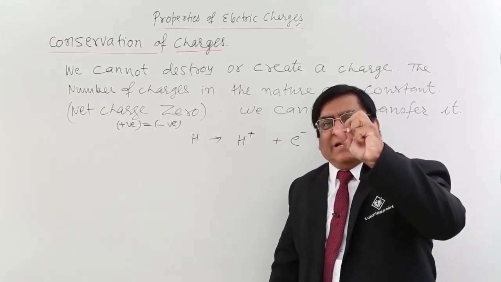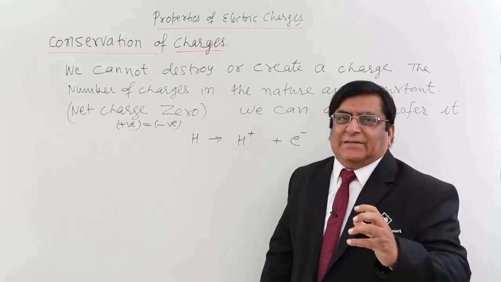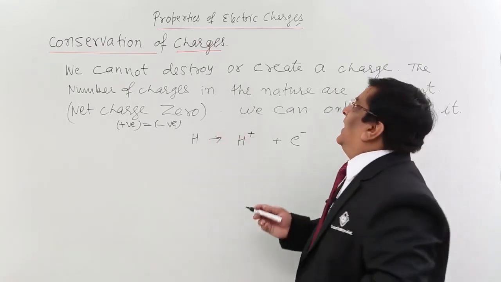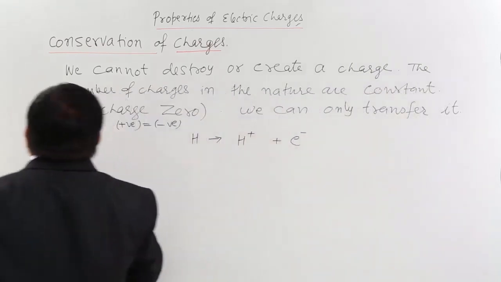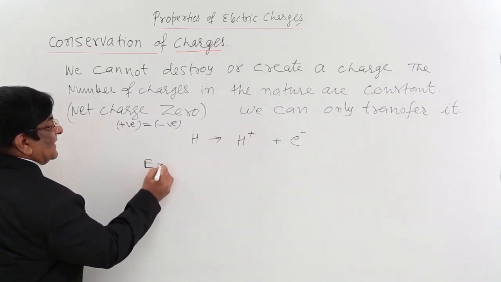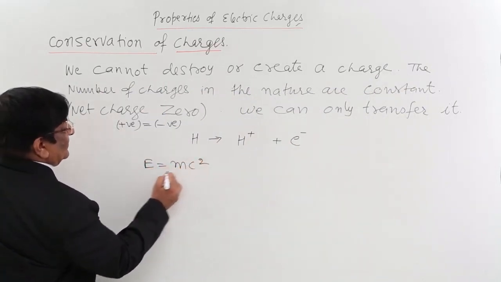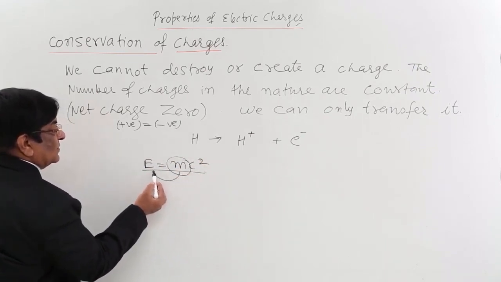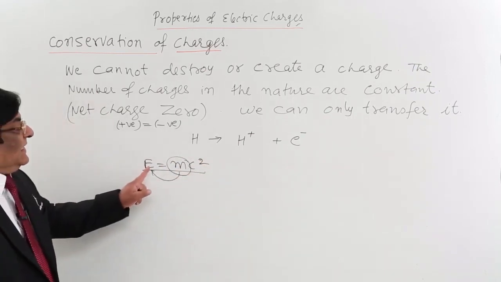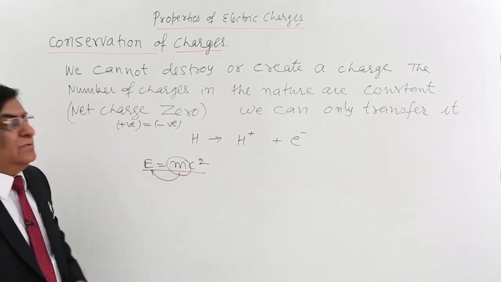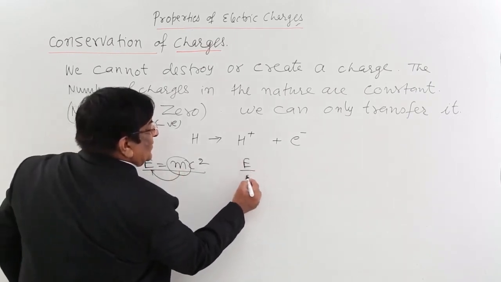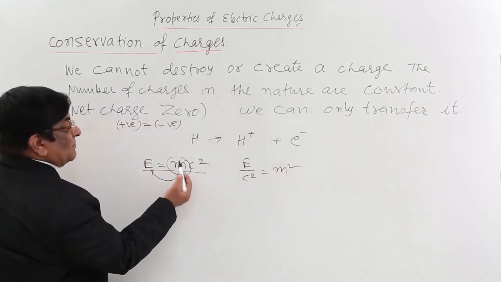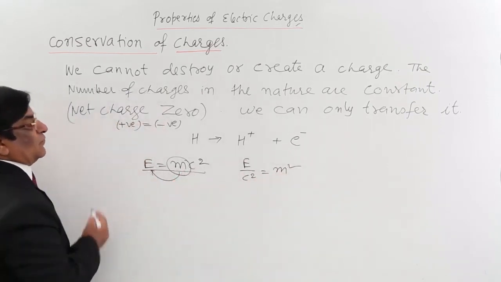When we compress energy, it becomes matter, and when we open up the matter, it becomes energy, and there is an equivalence between the two, and that equivalence is E = mc². So this mass can be converted into this energy, and this energy when compressed converts to mass. E upon c² is mass, and mass multiplied by c² gives so much energy.